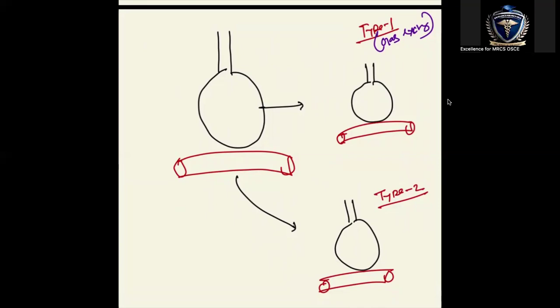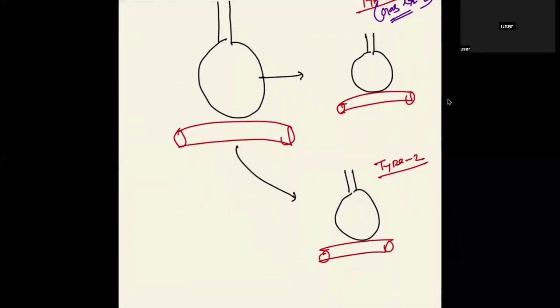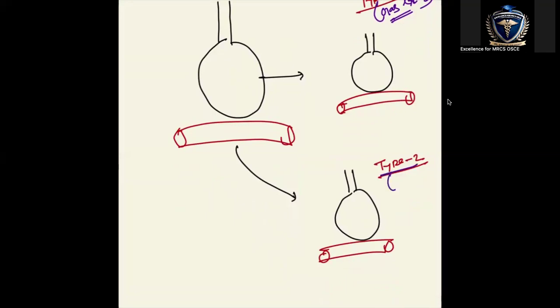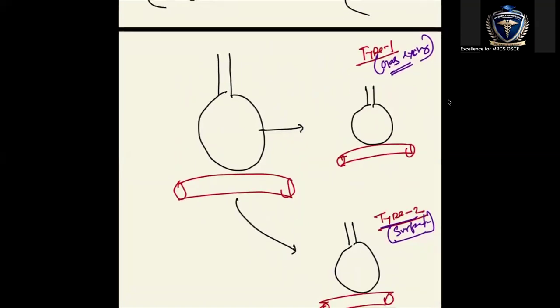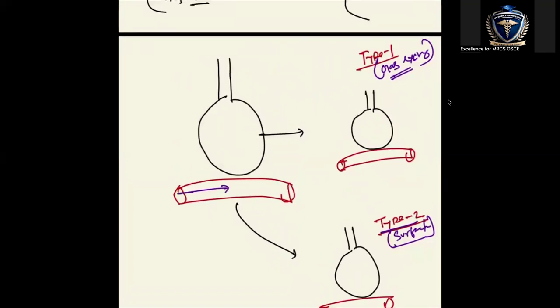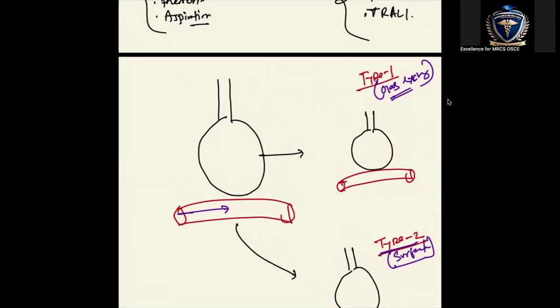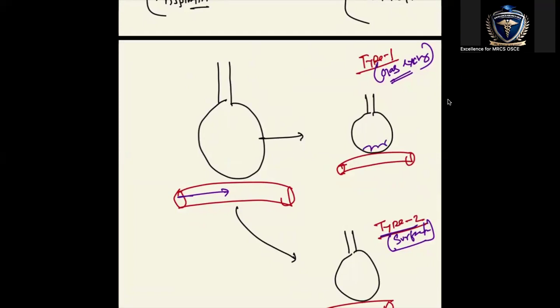So what is the role of the type 1 pneumocyte? This one is for gaseous exchange. And what is the role of the type 2 pneumocyte? Production and release of surfactant. So when there is any injury, direct or indirect, there is a destruction of the type 1 pneumocyte, and as it is an inflammatory process, there will be inflammatory cells like macrophages.